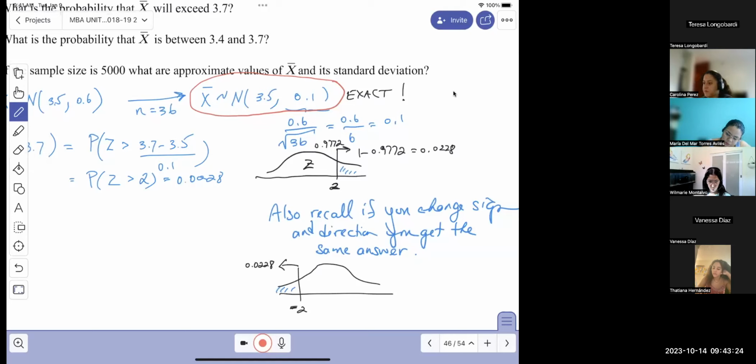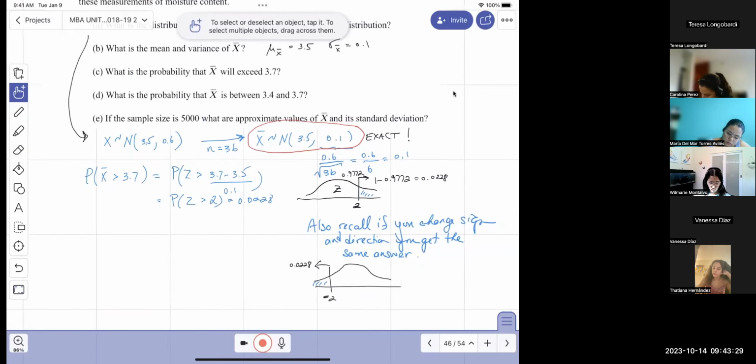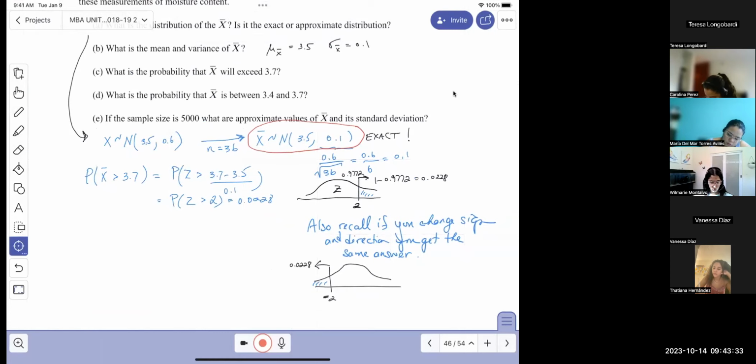I gave you some time between when we learned this and now, and you should be comfortable doing that. If I flip to the other side, you have to change direction, so the arrow goes this way and the sign changes. All right. And we're done with C.